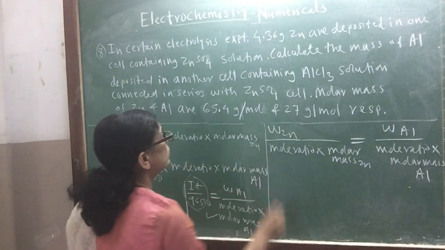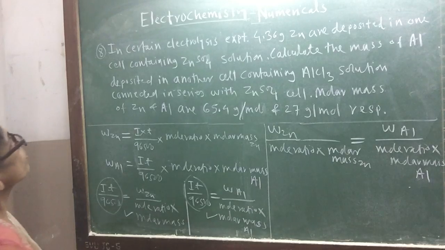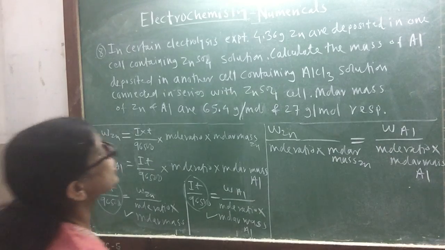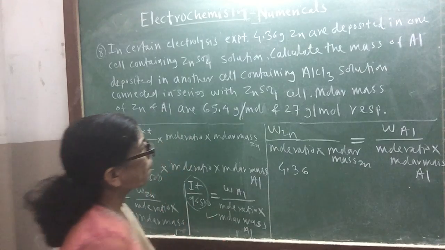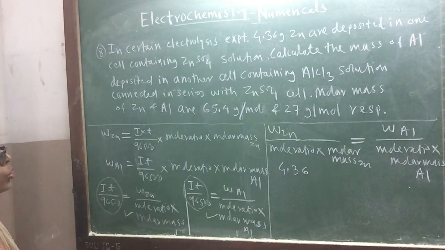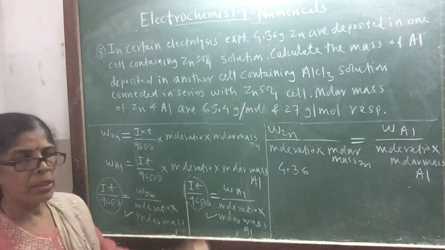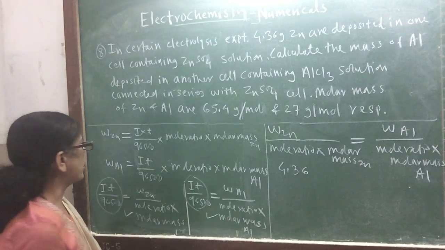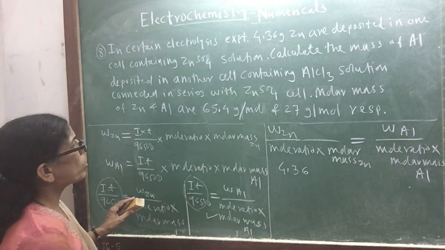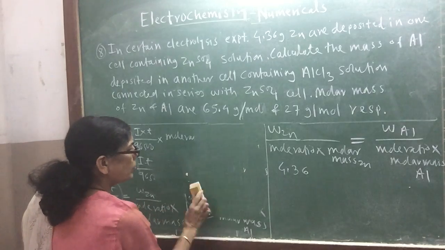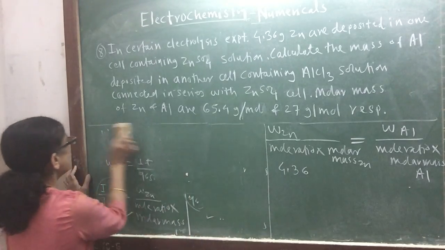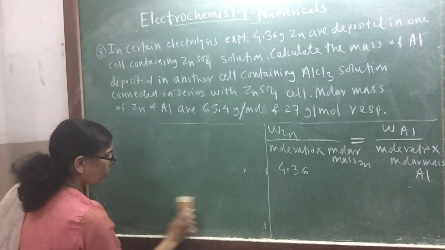Now what is W_Zn? The weight of zinc deposited is 4.36, upon the mole ratio in the zinc cell. So what will be the mole ratio? For that you have to first write down the reduction reaction at the cathode in that particular cell.